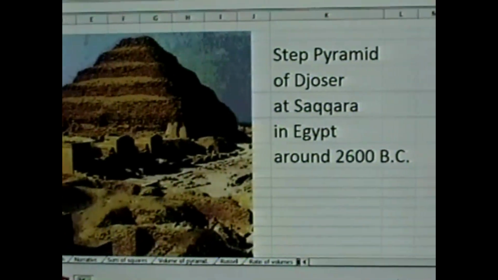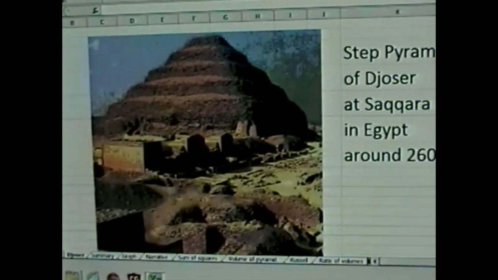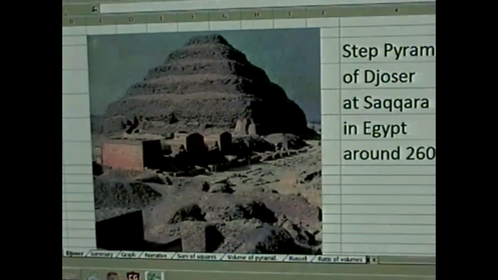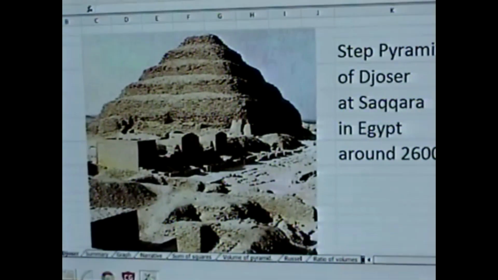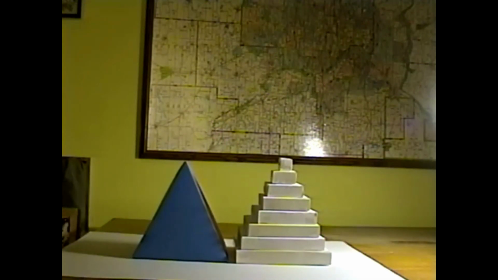You would bounce quite a bit if you took that slide, because the step pyramid is constructed in layers. Okay, here we have two model pyramids, which might make you think of the Great Pyramid of Cheops and that other pyramid from ancient Egypt.